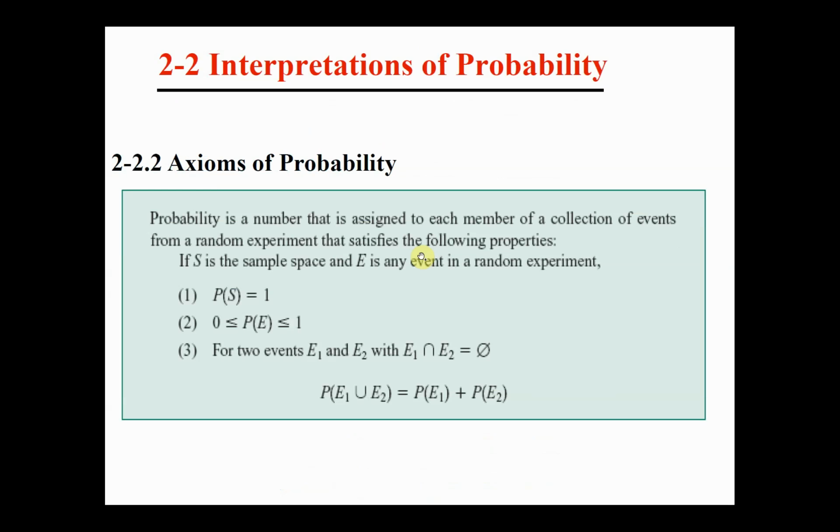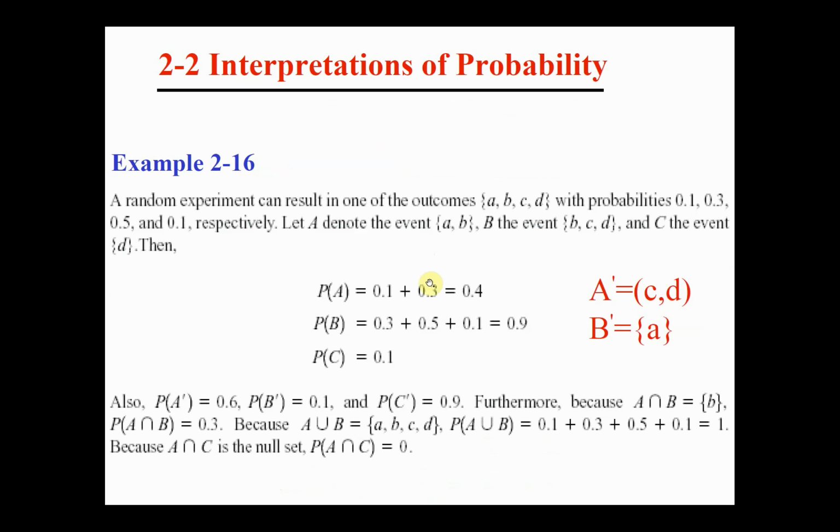In other words, when we obtained the intersection, do you still remember this example? Imagine that we have event A, which contains A and B. Event B contains B, C, D. What is the intersection between the two? The intersection contains only B. A is only in one, it's only here. It's not there, so it's not part of the intersection.